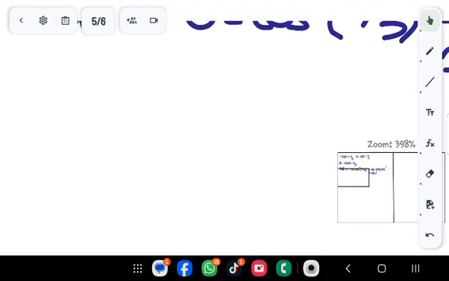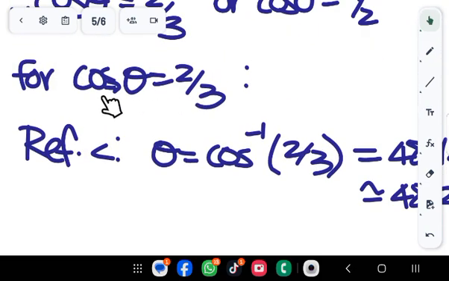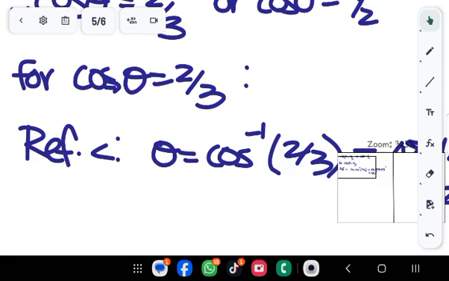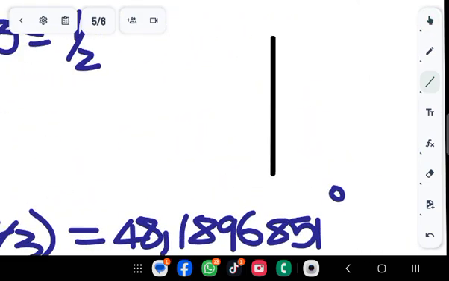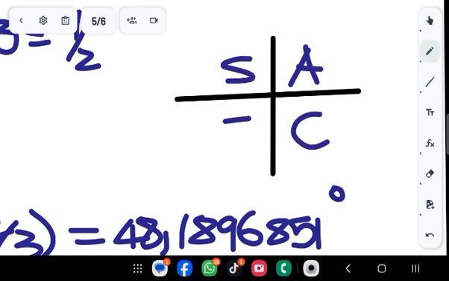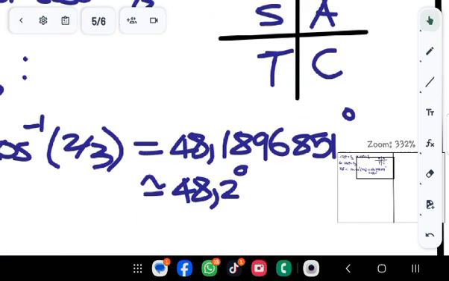This is our reference angle. Now, for where cos of theta is positive, let's use the cos diagram. Cos is positive in the first and fourth quadrant.